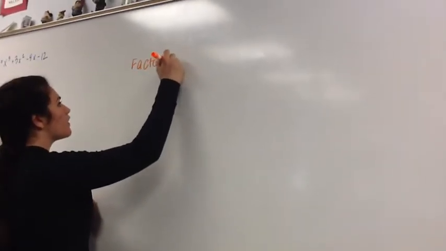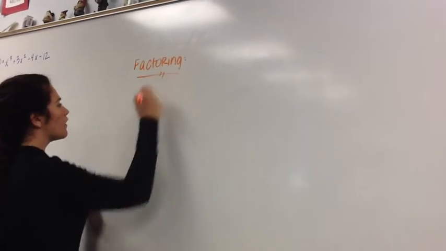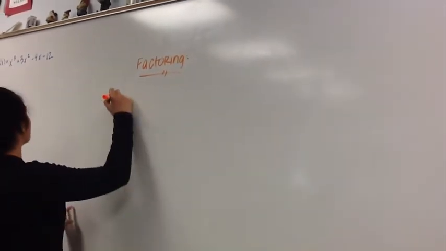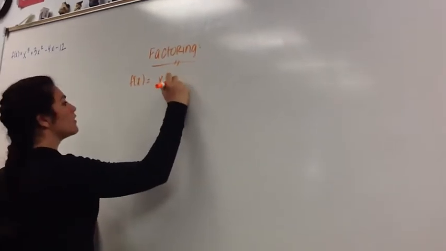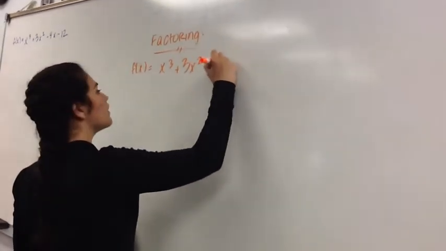The next step is to factor the equation. We're going to first start off by writing all the p over q's, which are the factors of the constant term over the leading coefficient.